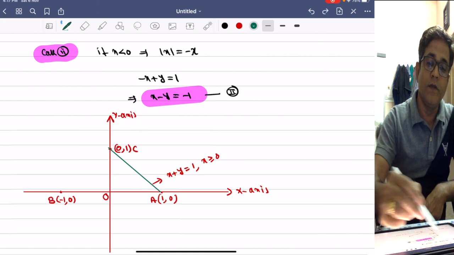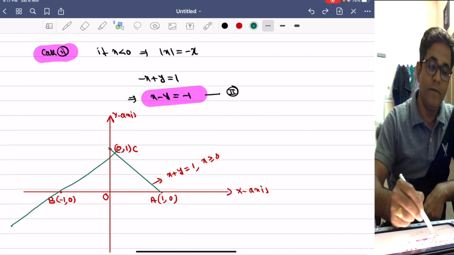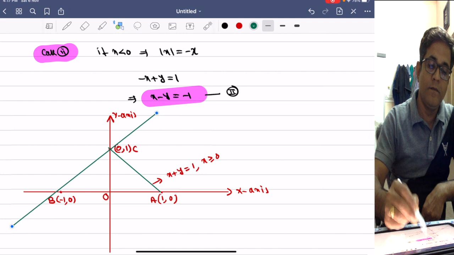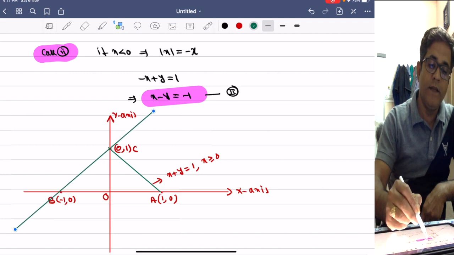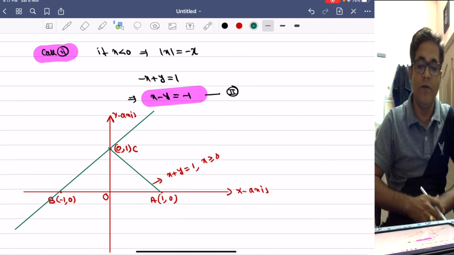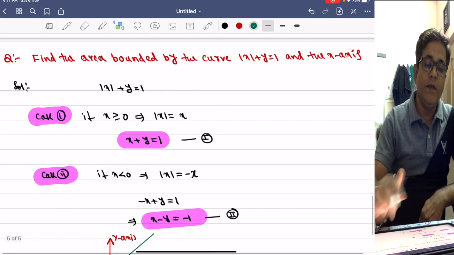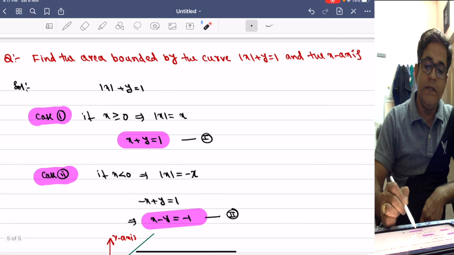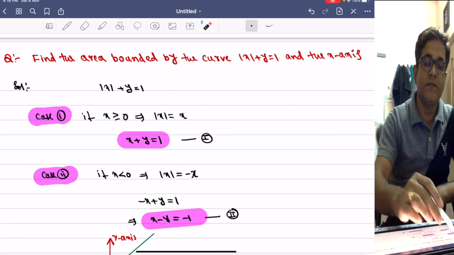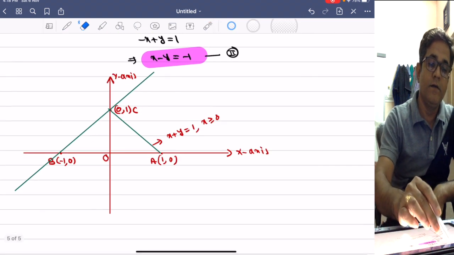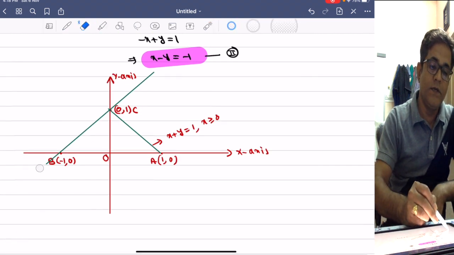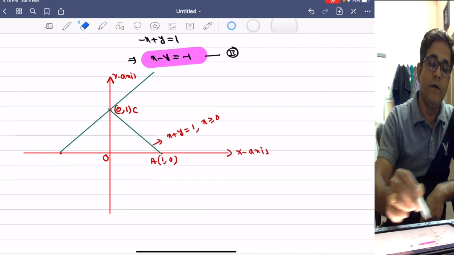But in case 2, x minus y is equal to minus 1 only when x is less than 0. That's why we remove the remaining part, this part and this part.